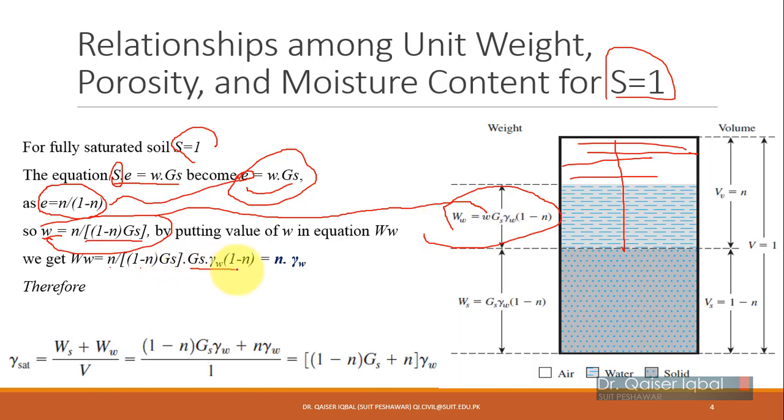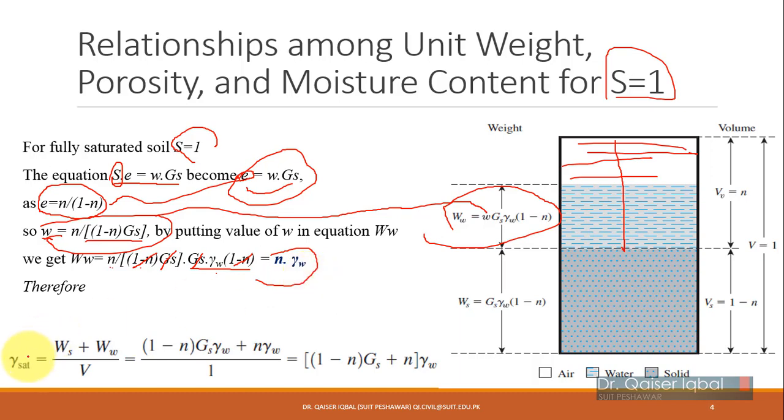Here you can see 1 minus n and 1 minus n are common, so they cancel each other. Gs and Gs are common, so they cancel each other, and we are only left with n and gamma w. So the weight of water will be equal to n times gamma w for fully saturated soil.